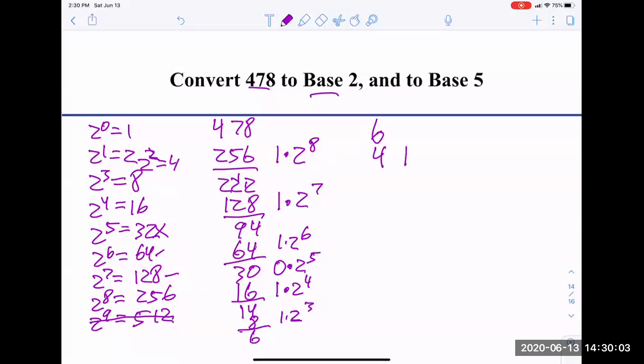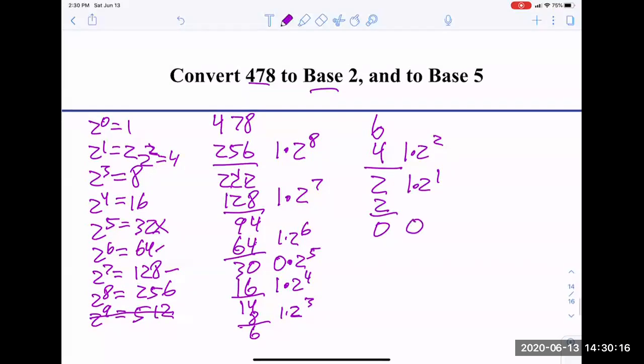That's 1 times 2 to the 2nd, so at least I caught myself. Now I have 1 times 2 to the 1st, which is 2, and then I'm down to 0. But it's very important that you say I have 0 times 2 to the 0 in there because that will keep the place value.